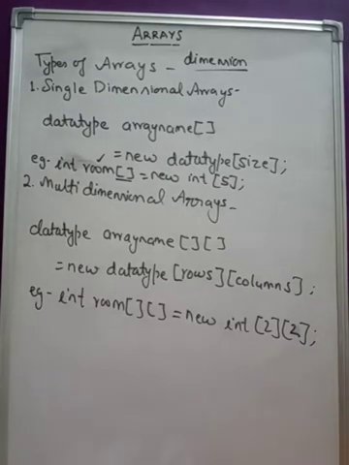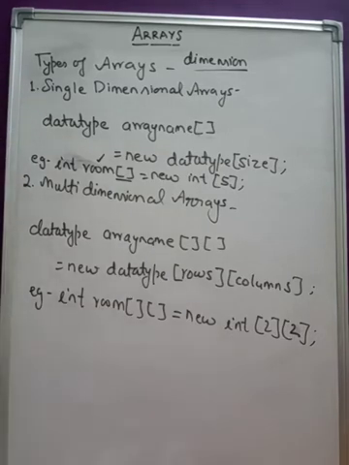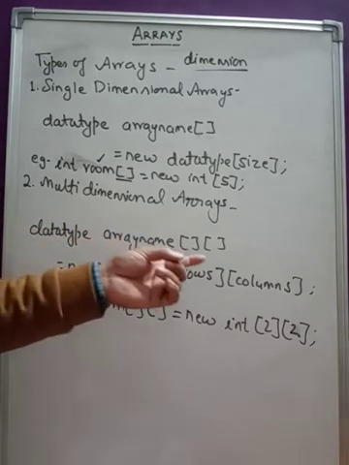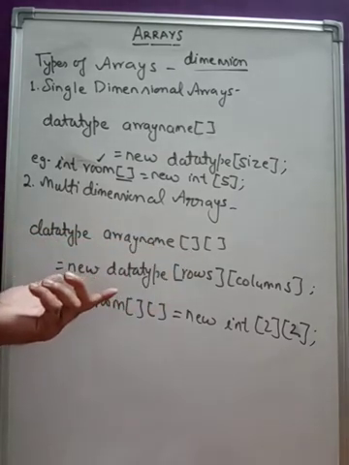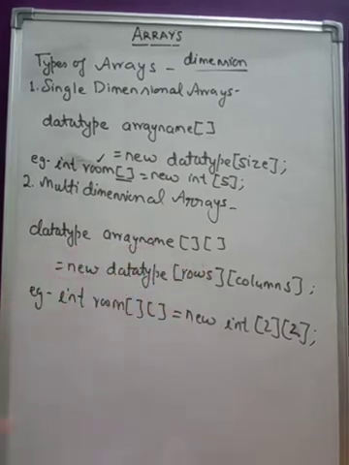In the case of a multi-dimensional array, it is not much different from the single dimensional array, just that here the number of square brackets will increase. The values will be stored in the form of rows and columns, like we do in tabular form.